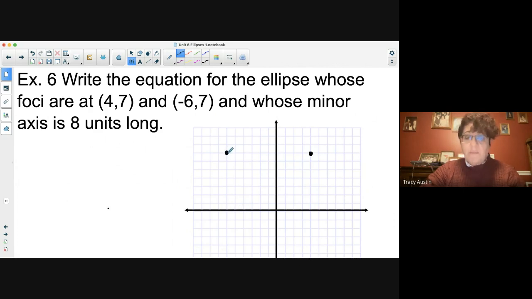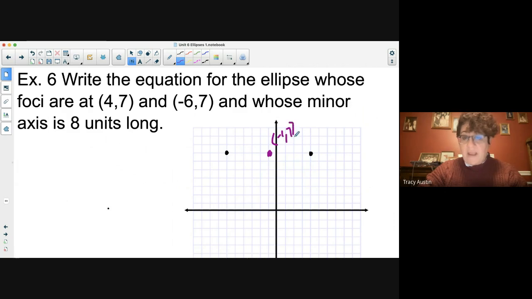Please remember these things are symmetrical, which means the center has to be literally the midpoint between these two points. We did this when we were doing absolute value stuff and complex numbers. All you're doing is counting squares. I should have 10 squares between these, which means 5 squares over should be my center, and that is (negative 1, 7).